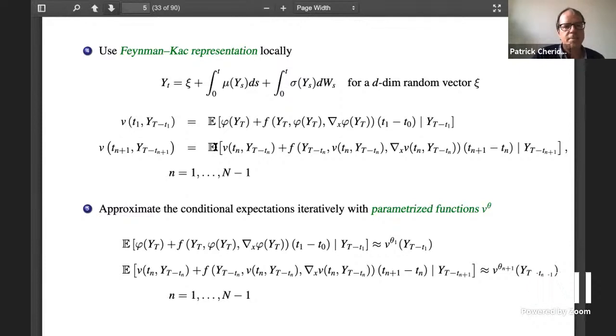So maybe I can explain it here. In this equation here, if you're calculating V at time capital T, you will have Y at capital T minus capital T, okay? So you're conditioning on Y0 here.